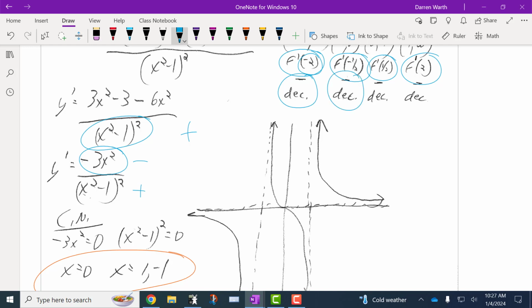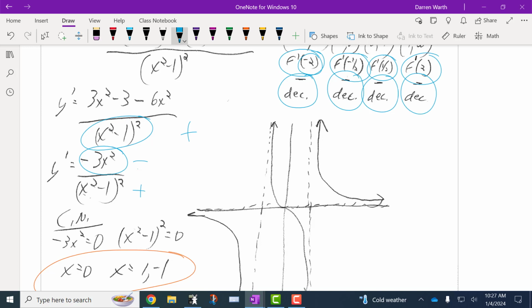When I put in 1/2, that is going to be negative, and negative divided by positive is a negative. And f prime of 2, same thing: 2 squared is positive, 2 times negative 3 is negative, divided by positive is a negative. So every single one of those intervals is decreasing.